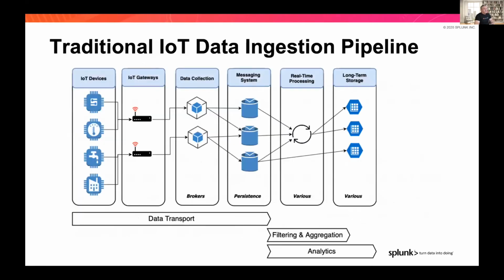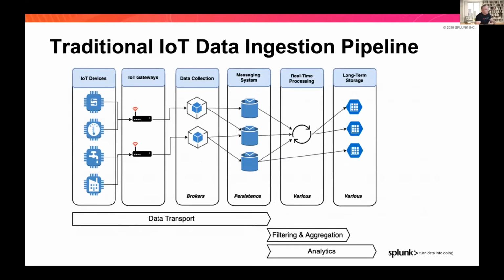So what do I mean by the IoT ingestion pipeline? Traditionally, it looks something like this. There are different variations of this, but there are basically two concerns that we're looking at. The data transport, which is getting the data from the IoT devices down to your analytical platform here. And then once it's available to the analytical processing engine, the filtering, the aggregation, and the analytics start taking place.